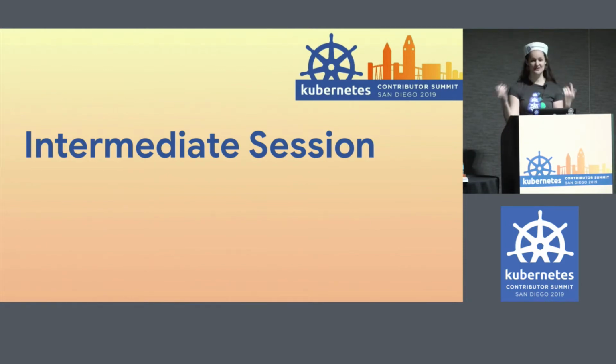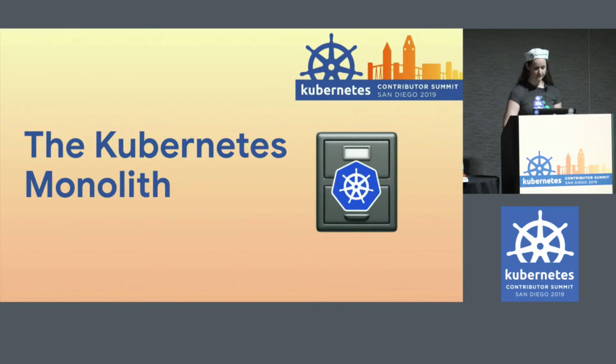This particular introduction is a brief overview of where all the interesting parts in the Kubernetes core repository live. There are a couple of really common gotchas that not everyone is aware of, and my hope is that after today you will not stumble over them. When we say Kubernetes, we often mean the Kubernetes monolith.